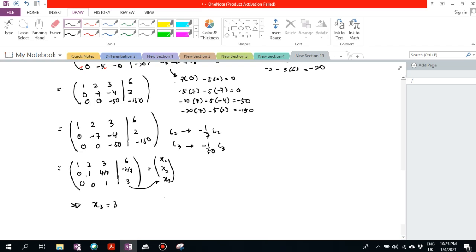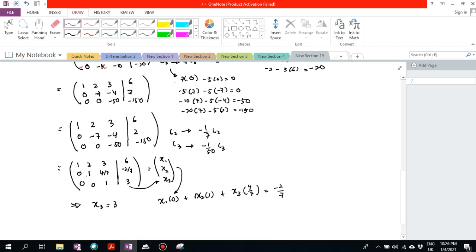So from here you can solve the equations, starting with row number 3. For row number 2, x1 times 0, we are taking this row, plus x2 times 1 plus x3 times 4 over 7 will be negative 2 over 7.